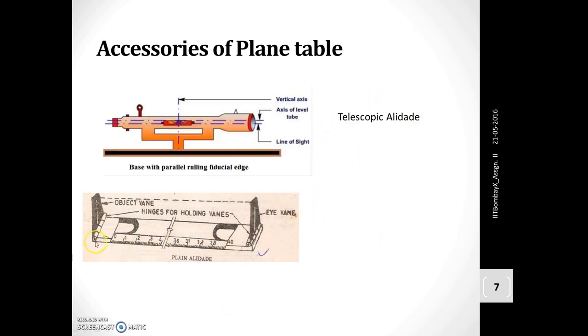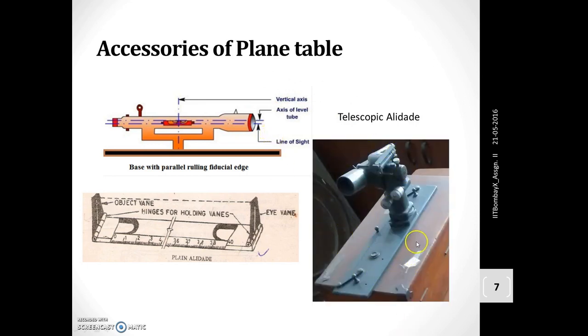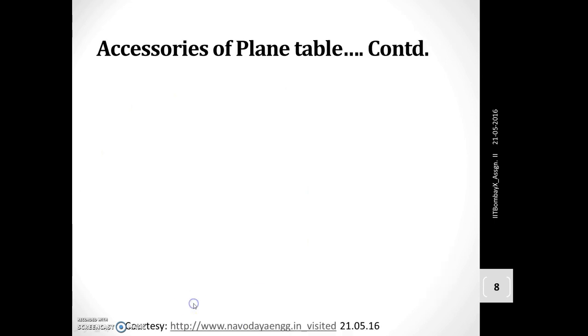Here, as you see, the lower portion is very similar to this platform, which is the base providing a parallel ruling fiducial edge, whereas the upper part is provided with a telescope assembly. In turn, it has an eyepiece, object glass, as well as a level tube in order to bring the axis relationship into existence. The ready-made version is clearly shown in this picture.